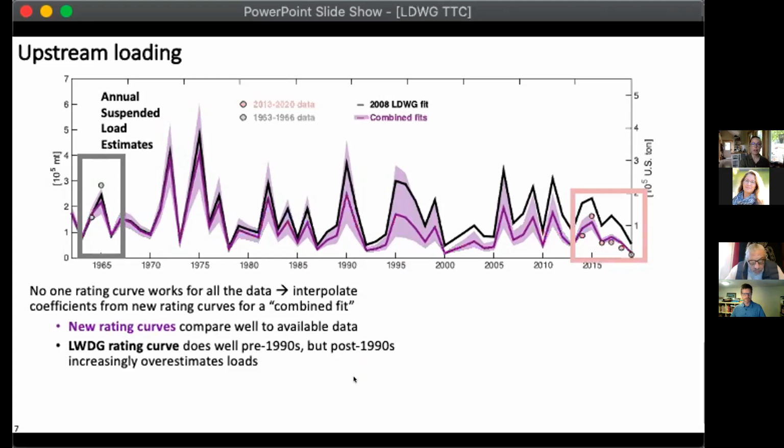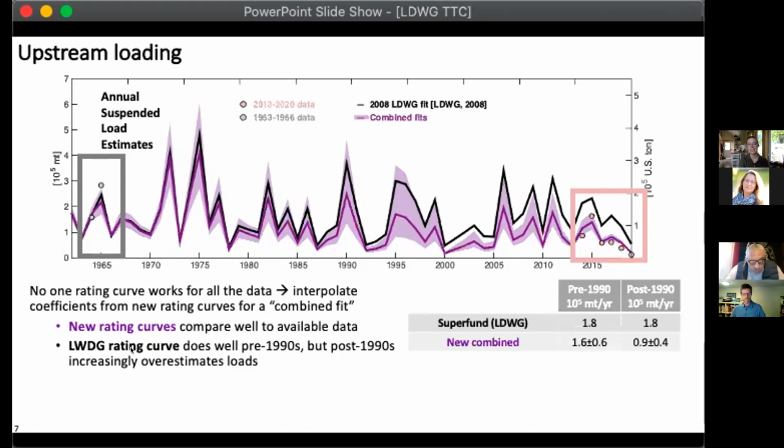And if you compare the Lower Duwamish Waterway Group estimates to this combined rating curve approach, it shows that since 1990, the Superfund site, the Lower Duwamish Waterway Group predicted about an average of 1.8 times 10 to the 5 metric tons per year annual sediment being delivered to the estuary, whereas my approach using the three combined rating curves has about half as much, so 0.9 plus or minus 0.4 times 10 to the 5 metric tons per year.